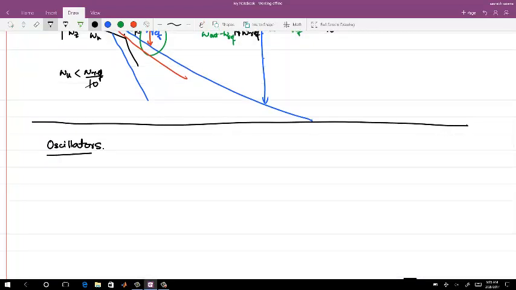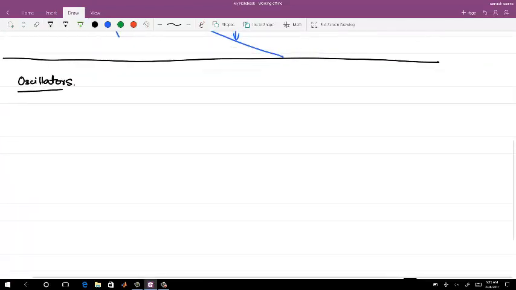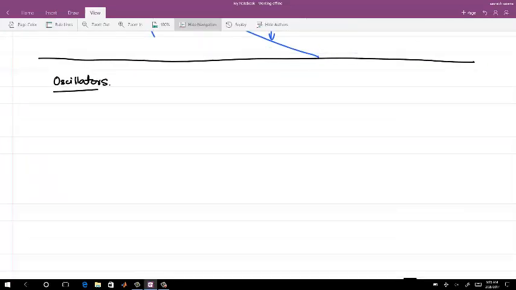Okay, so let me draw. So at the very end, we were looking for the symmetric loading for our delay cell for the ring oscillator, and this was the cell which I drew at the very end.